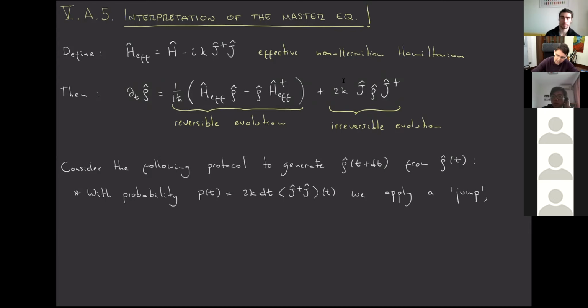And this jump means that we take the state rho and we transform it in the lab. So we apply a jump, which means we transform it by applying J to the state. So we have the state at time t and we apply J to it. If it's a pure state, you just have J acting on the state. If it's a mixed state, then you have J and J dagger acting on the left and the right.